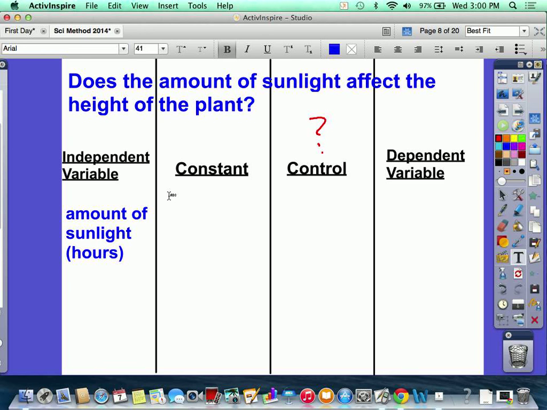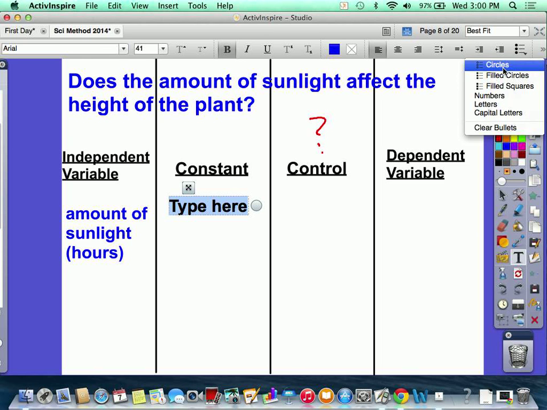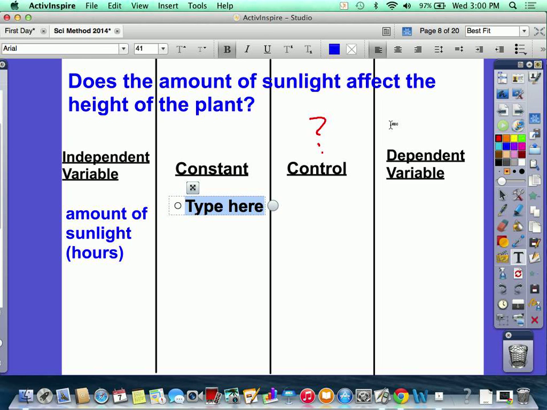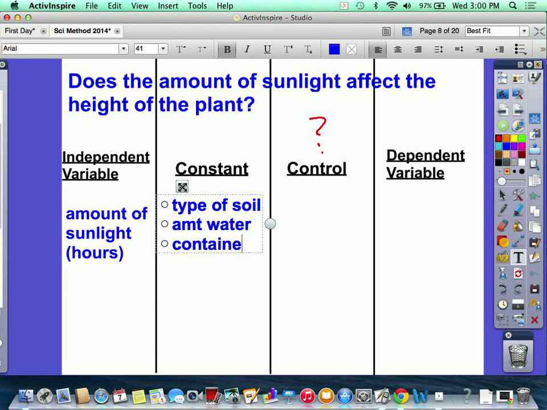Some things that would have to stay constant are very similar to what we came up with before. Things like the soil, amount of water, the container that we use with the plants.